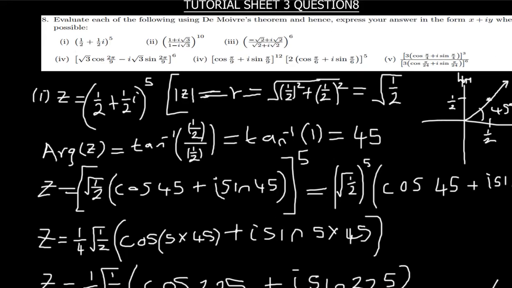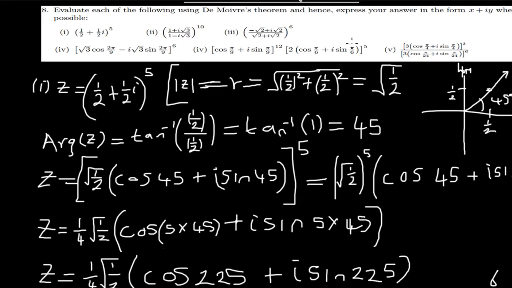This one is cos pi over 9 plus i sine pi over 9 to the power 12, and on this side the only difference is pi over 6, 5, and 2. Okay, let me just write it.